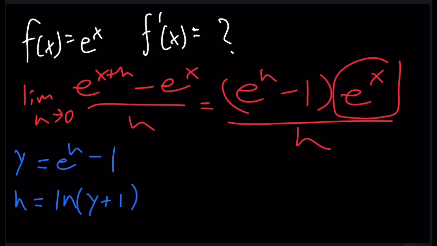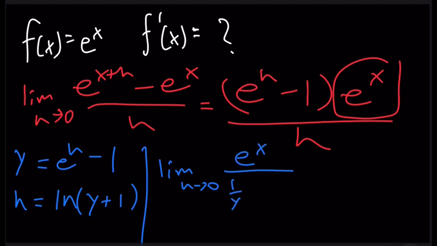And now we can rewrite this limit as the limit as h approaches 0 of y times e to the x. Or actually, I'll write this a different way. It'll be e to the x over 1 over y times the natural log of 1 plus y.